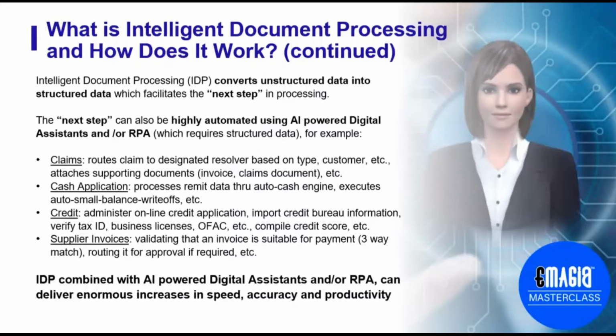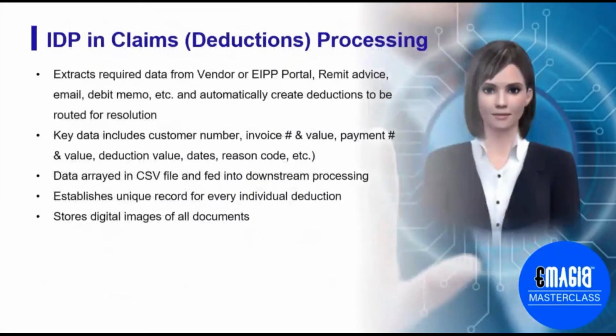You can set that all up for you. So the combination of the two, IDP and AI/RPA, is very powerful, and how you really gain those large improvements in productivity. So that's the framework. That's how it works. Great capabilities, great technologies.